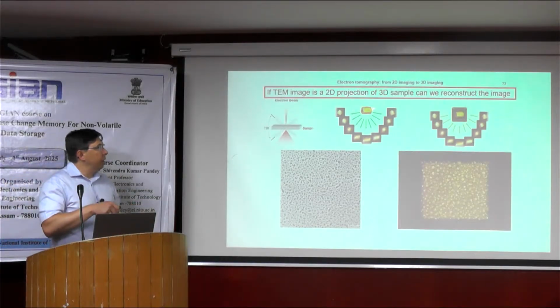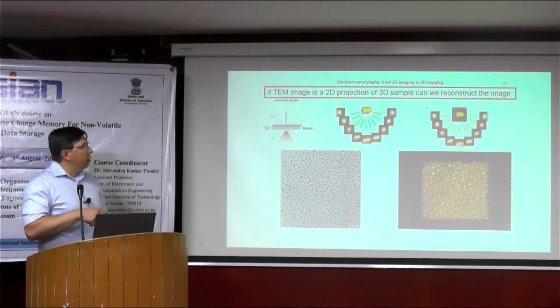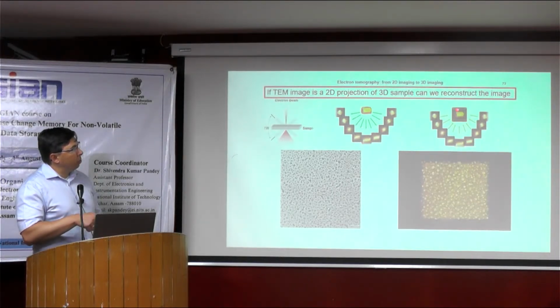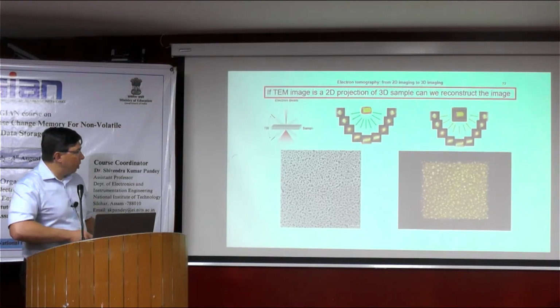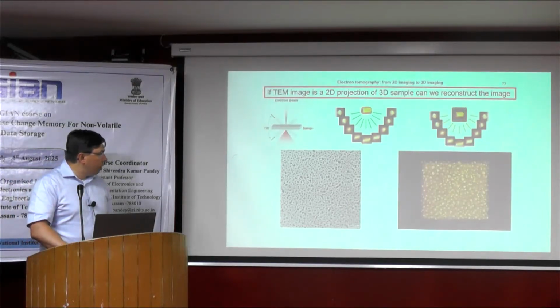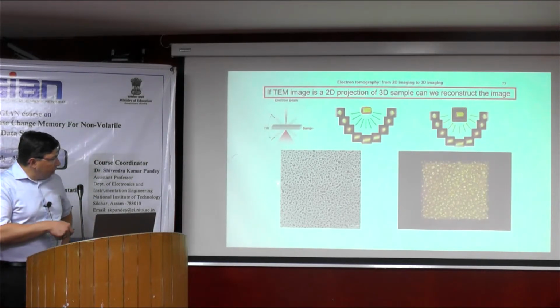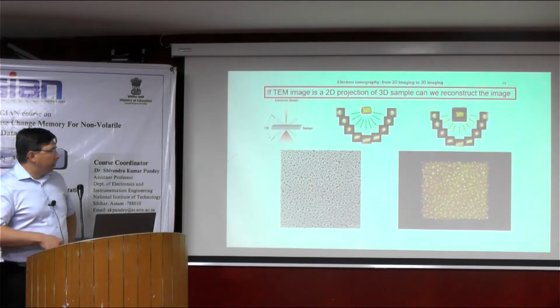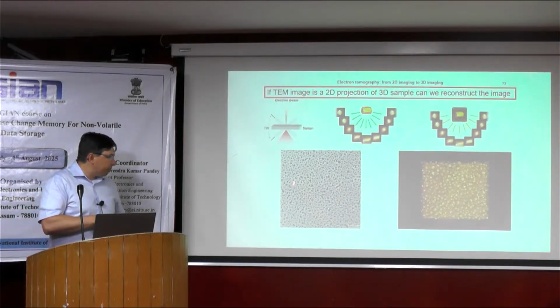So this is the image which is acquired at different angles here, and then it's reconstructed to the 3D image. Here, this is how it looks like. This is the image. It shows you the nanoparticles embedded in the amorphous matrix.